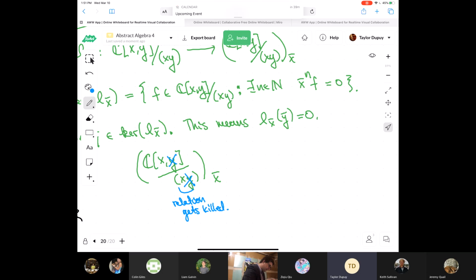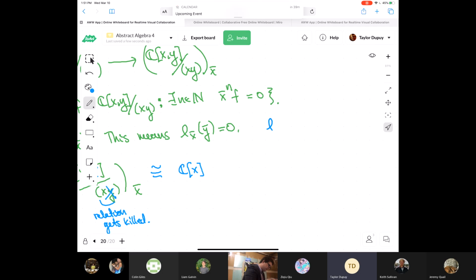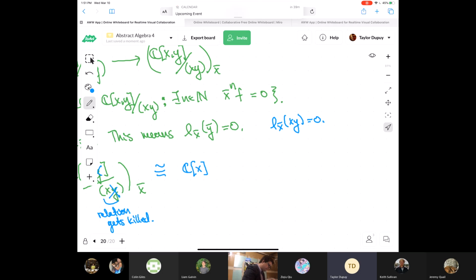So it's C[x], and there's no denominator anymore, because the denominator went to 0.